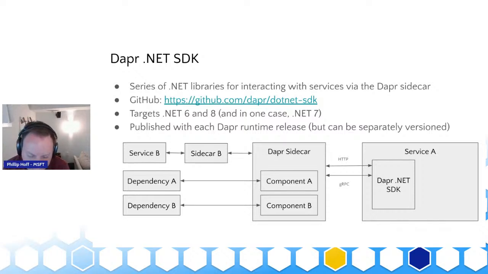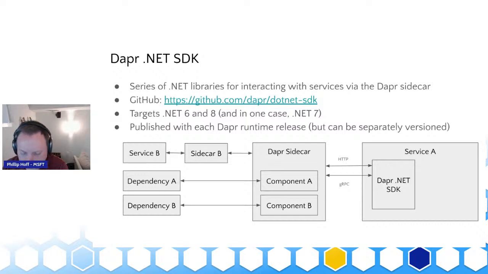There are actually several SDKs; we'll talk about the specifics of those in the next one. You'll use one or more of the Dapr.net SDK NuGet packages, reference those from your service, and those will communicate with the Dapr sidecar that's running side by side with your service, either over HTTP or gRPC, depending on which particular set of calls you're using.